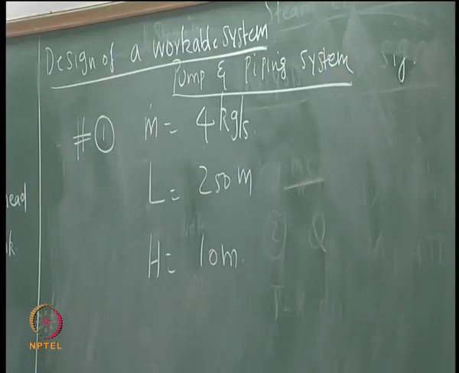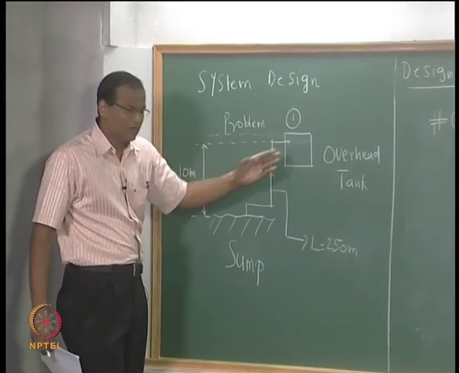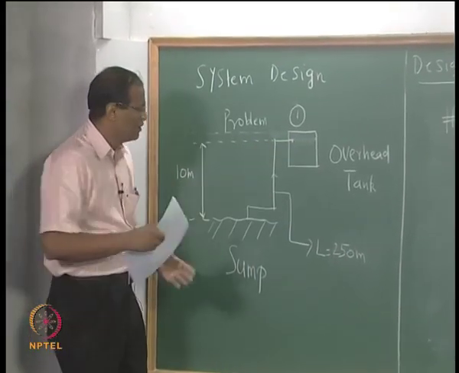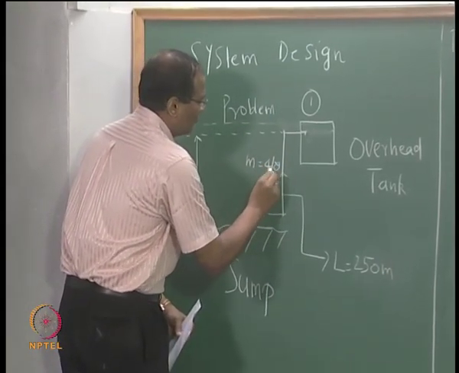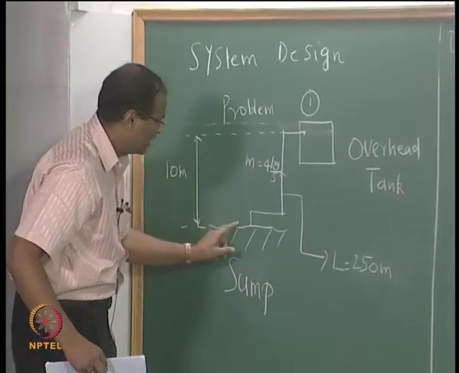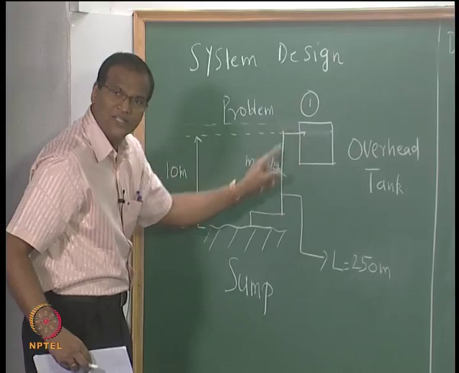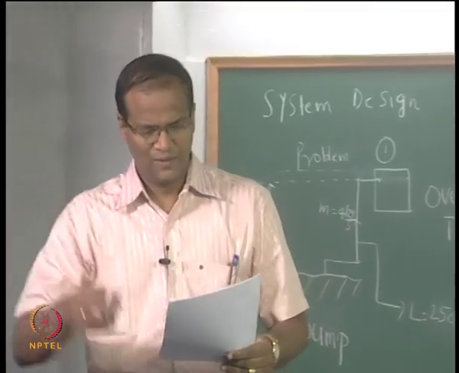So a depiction is given here. There is a sump, there is an overhead tank, you are taking water from here to here. So this is the pipe, so your m is 4 kg per second. The height difference is 10 meters and this L is 250 meters, okay. It may be an apartment complex, whatever.